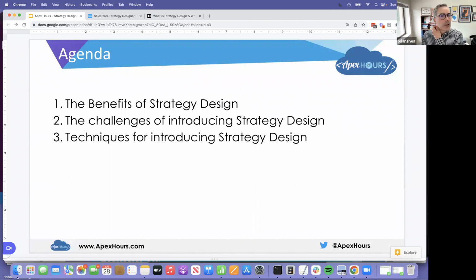And then, if you or your organization are relatively new to some of these concepts and methods, we're going to talk about some of the challenges of introducing strategy design concepts that you could run into in your organizations. And then we'll talk about some techniques for introducing strategy design at your organization.